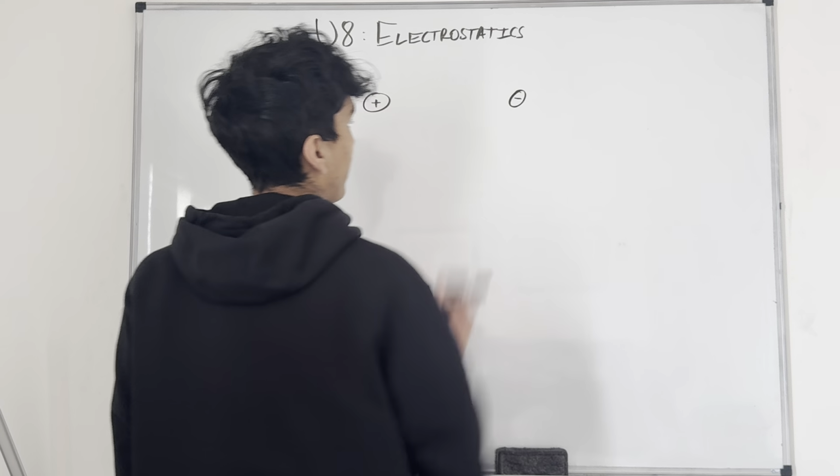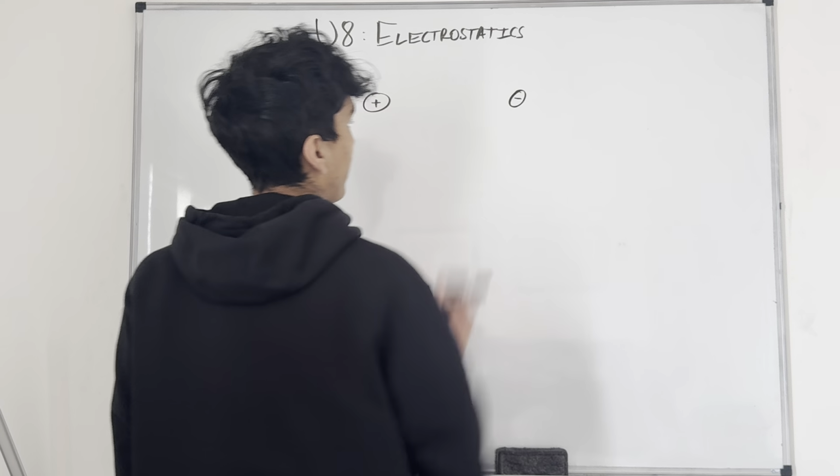This constant is also equal to 1 over 4 pi epsilon naught. I think epsilon naught is either the permeability or the permittivity. I keep forgetting. It has a name to it, and we're going to see why this constant also exists later on in this video. But this is the electric force equation.